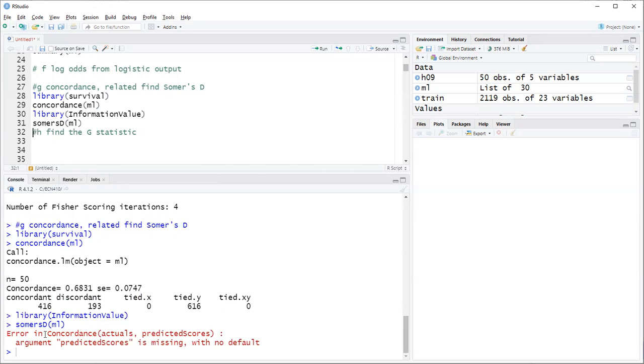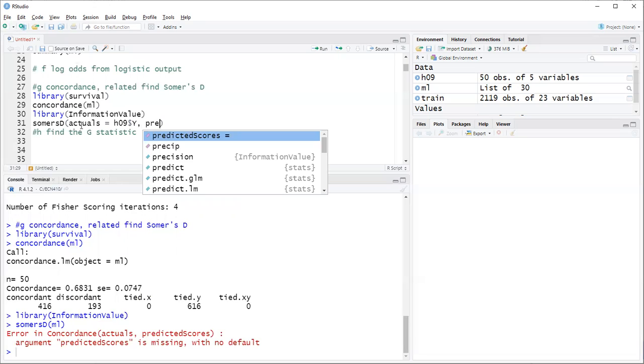So you come down here and you look at the error message, and it says error in concordance, actuals and predicted. So it doesn't have a predicted in here. So what do you need? Well, you can type in help Somers D, but what we want here are actuals. What are the actual values? They're the H09 Ys, and we want the predicted scores.